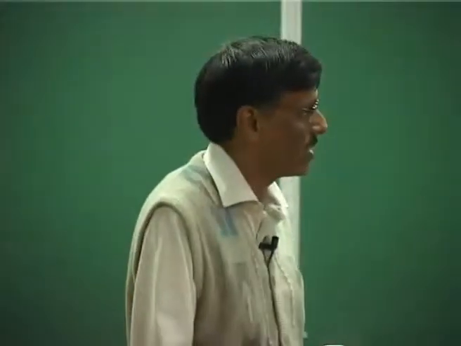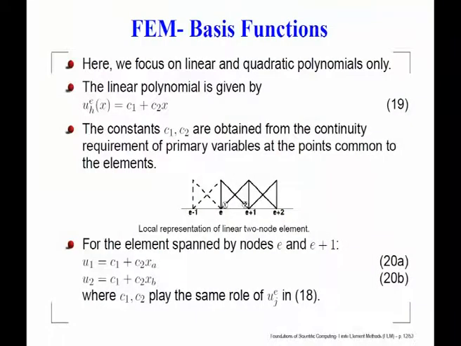In the finite element method, we take the domain and divide it into smaller subdomains. A typical subdomain is encapsulated between the nodes E and E plus 1. Then we fit a linear function between these two points 1 and 2.